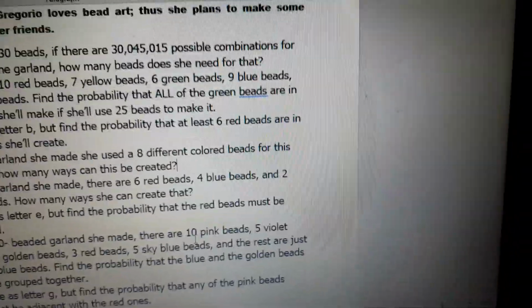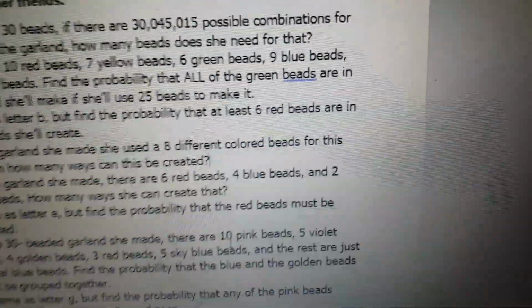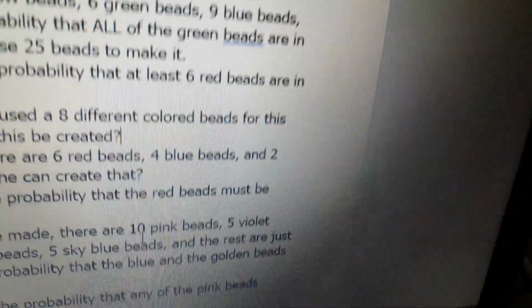Di ba remember, normally kapag linear permutation at saka there are duplicates. So we need to remove the duplicates. Di ba remember sabi ko, kapag may duplicates, ito yung note. Di ba remember, this is the note. Duplicated elements is equivalent to n factorial divided by the r factorial, such that the n stands for number of elements in pop.